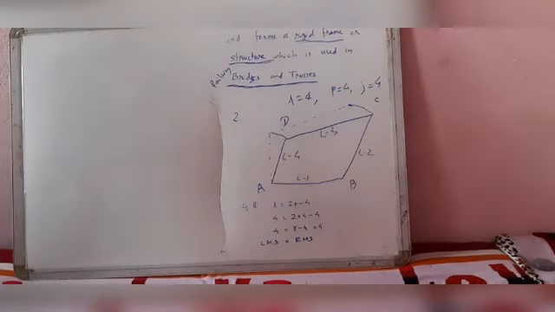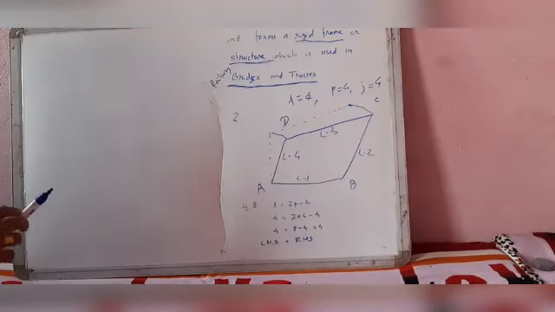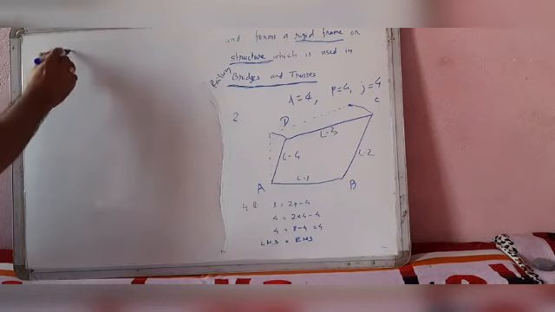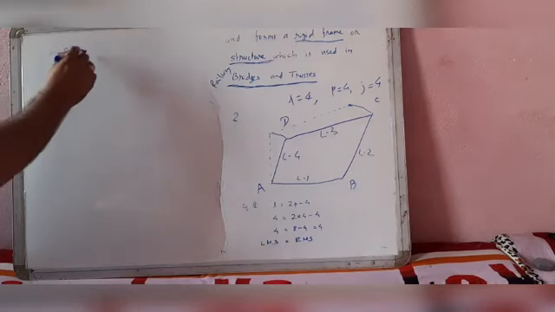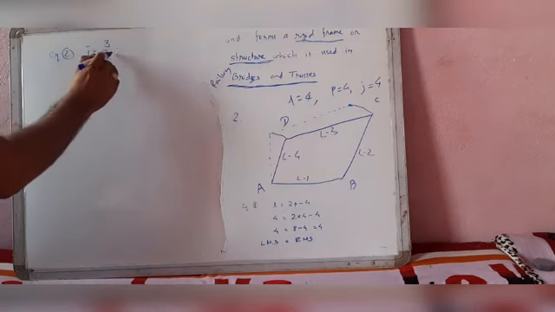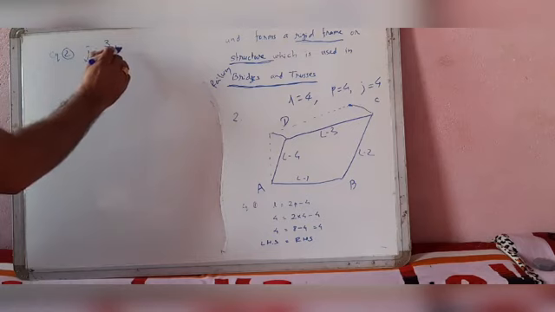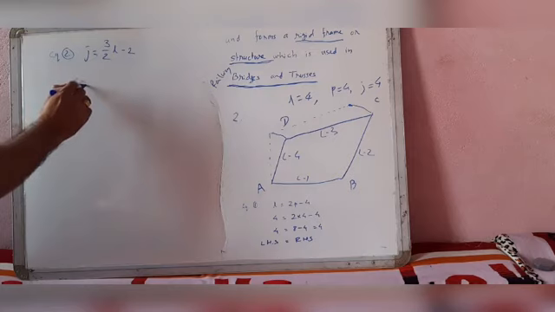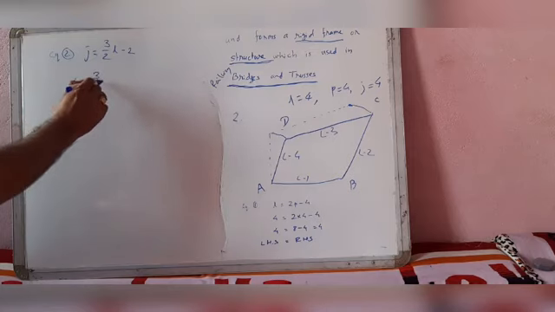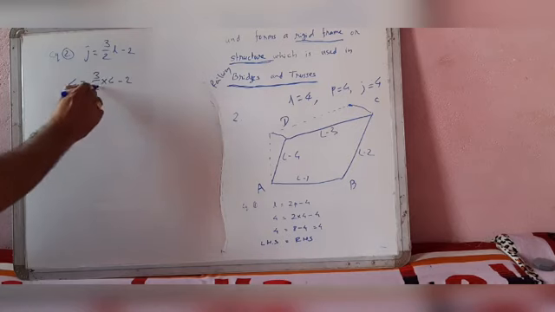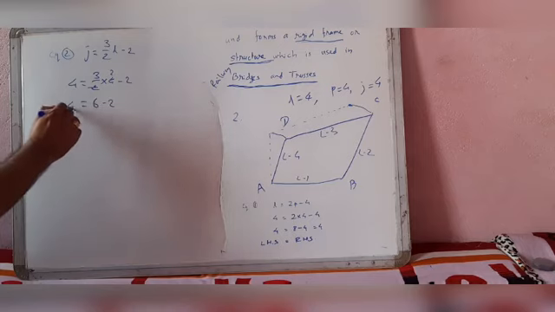Now applying the second equation, J equal to 3 by 2 L minus 2. Here the number of joints is 4, equal to 3 by 2 into the number of links, 4, which is 2 times 3 is 6, minus 2.